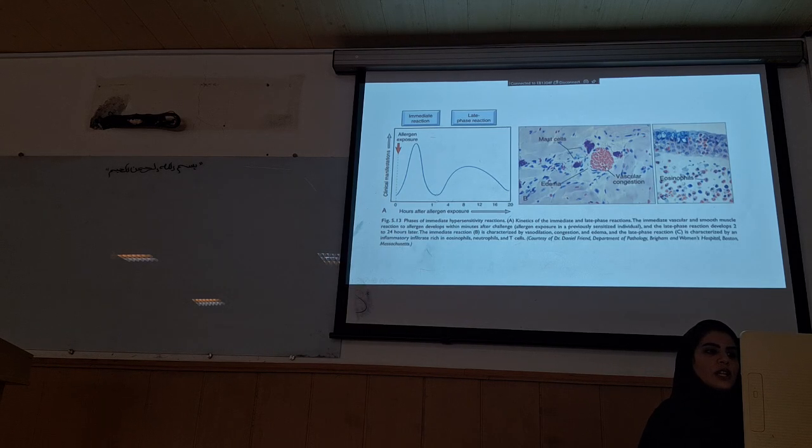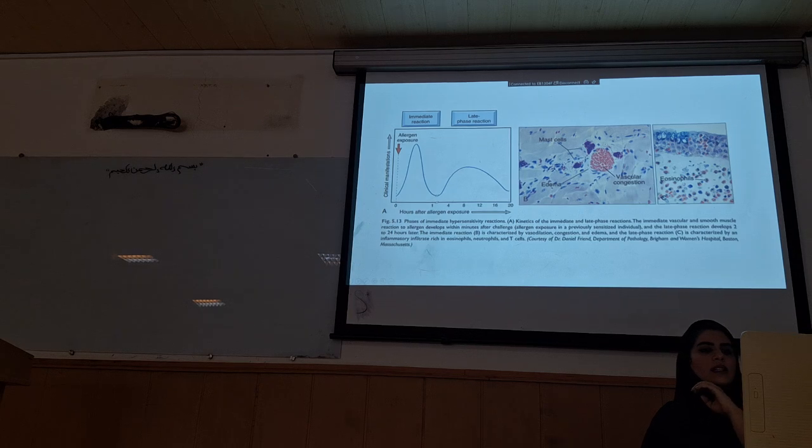This is the vessel which has undergone congestion and edema, and here you can see many eosinophils, and also some neutrophils and T lymphocytes. This picture is from the late phase, but that picture is from the immediate phase. In the immediate phase you have mast cells, but in the late phase you have eosinophils, neutrophils, and T cells.